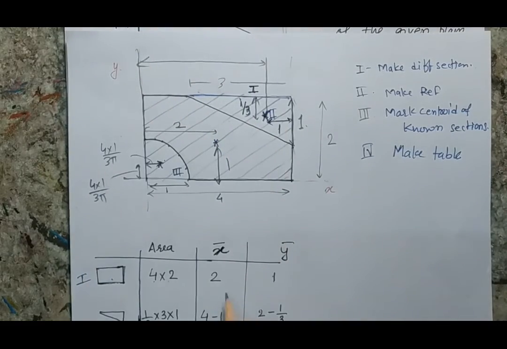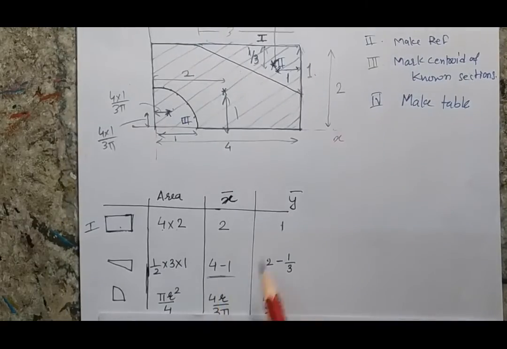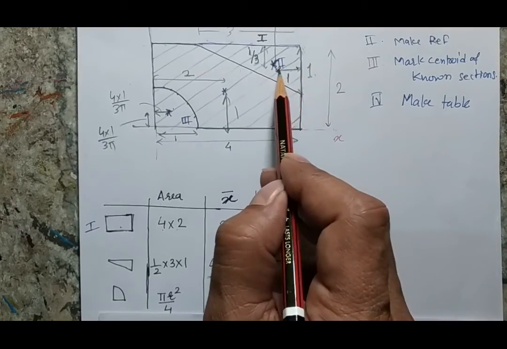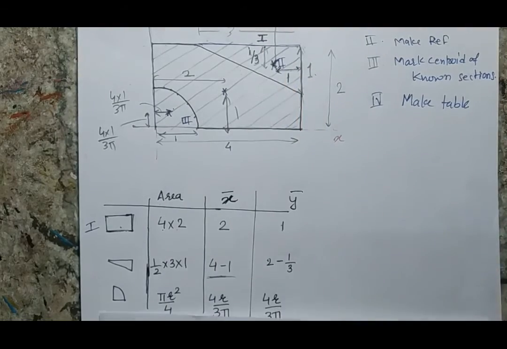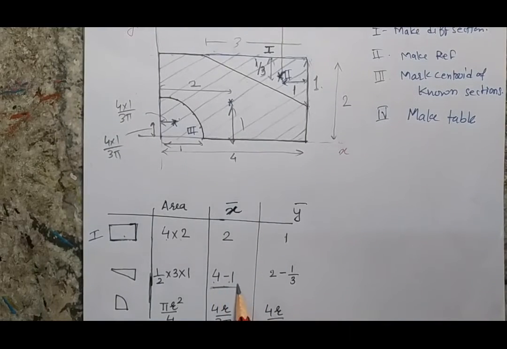So when I put the centroid value of my triangle here, it will be this distance, and I know that the total distance is 4 and this distance is 1. So the position of my centroid will be 4 minus 1.